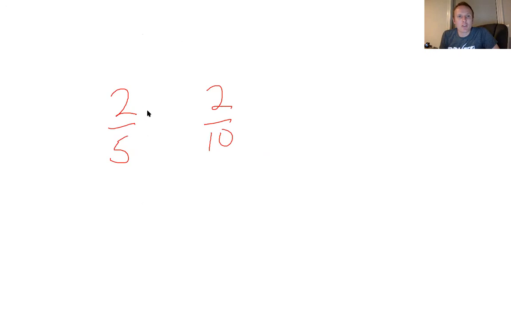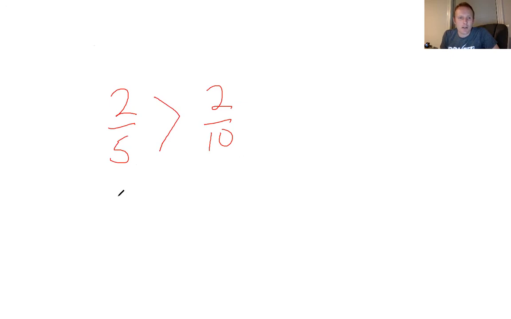And whichever denominator is smaller, here's the trick, that is the bigger fraction. So I would say in this case that 2/5 is greater than 2/10 because the numerator is the same. I ate 2 pieces out of 5 versus 2 pieces out of 10.